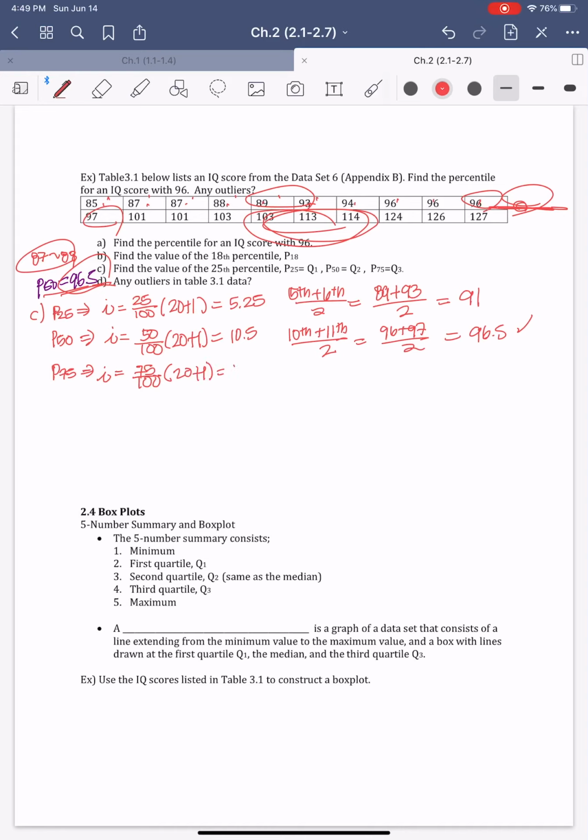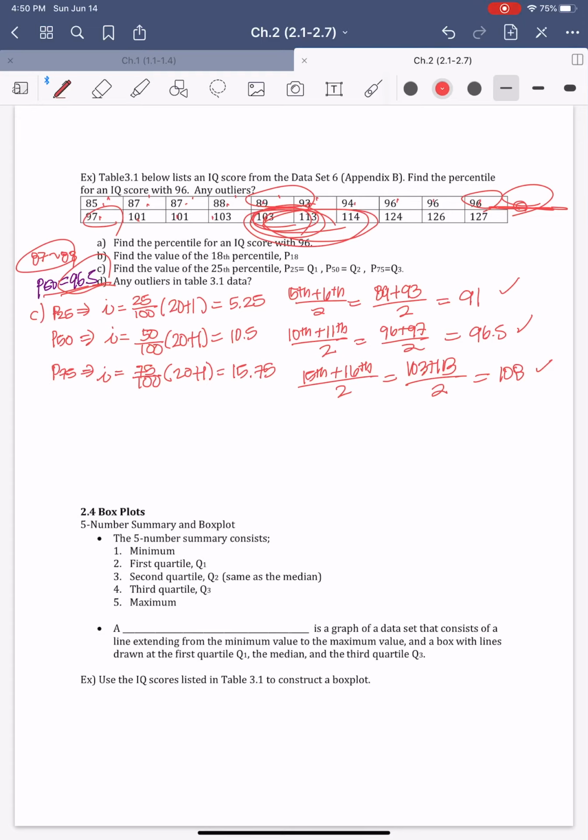I'm getting 15.75. So that means 15th plus 16th divided by 2. So 10, 11, 12, 13, 14, 15, 16, right there. 103 plus 113 divided by 2. I'm getting 108. Okay, so those are my Q1, Q2, Q3.